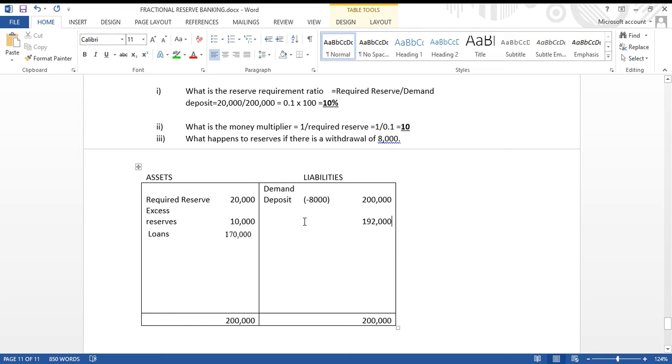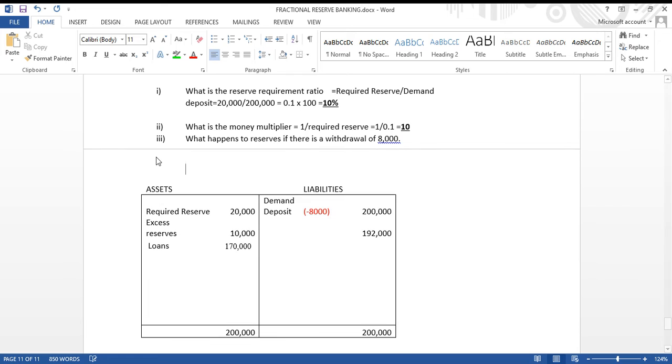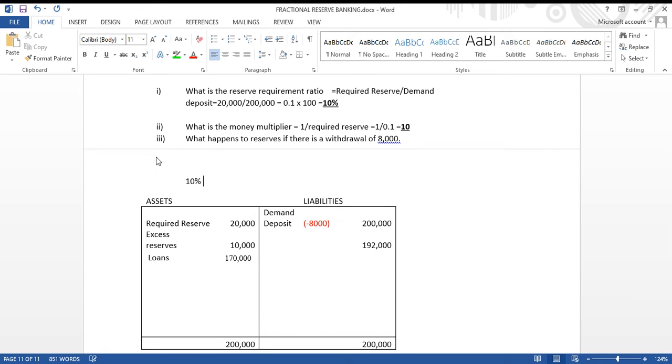192,000. All right, so from this 8,000, the required reserve ratio is 10%. So we just get 10% of 8,000. 10% of 8,000, that should be 800. So we say 0.1 times 8,000, 800, right?